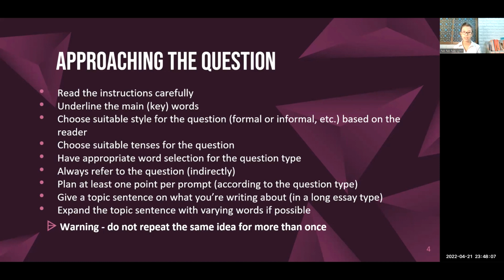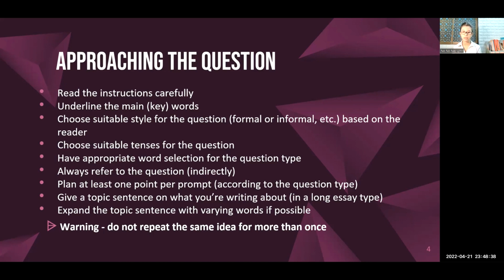Just state your idea once and make it clearer to the reader. In the examination, the examiner will be your reader, so make sure you are answering correctly and very clearly to the readers.